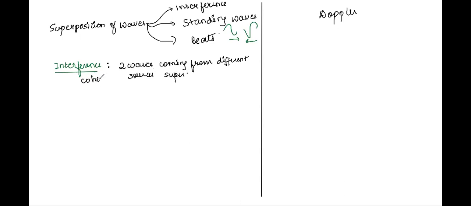What does coherent mean? Coherent means the sources should produce waves of the same frequency. So if I ask you what is one necessary condition for interference to take place, it is that coherent sources should be there.